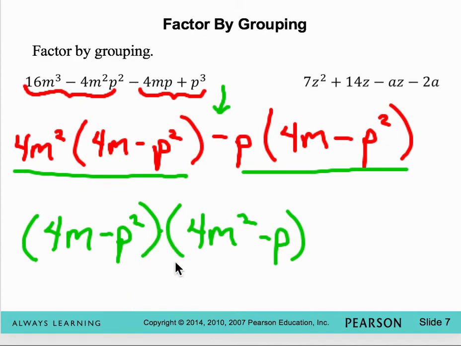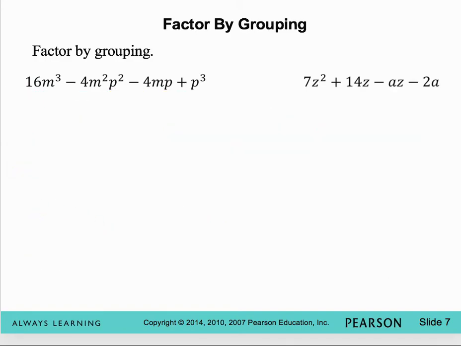And now it's two things being multiplied together, instead of four things being added and subtracted. Two things being multiplied. Okay, everything's got to be multiplied to be considered factored. Factors means everything's being multiplied.